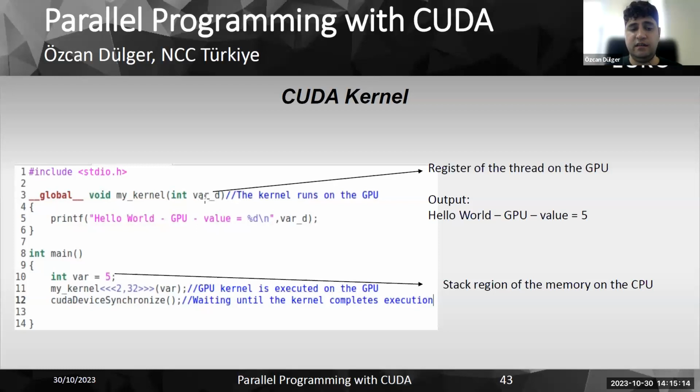Since this is a single variable, it is allocated in the register of the thread on the GPU. But this variable is allocated on the stack region of the CPU. So we can send it as the parameter of the kernel.